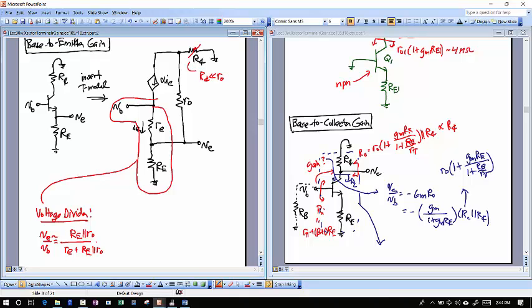Okay, so often that's what it's going to be here. So you'll have this in parallel with R naught if the collector is going straight to ground, or if the collector is going to ground through a small resistor RC. If it's not going to ground through a small resistor RC, then you can't really use this as blatantly as I'm doing it. But you can pretty much, because usually you'll never write that. You'll just write this.